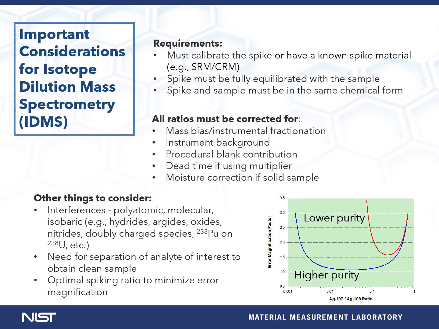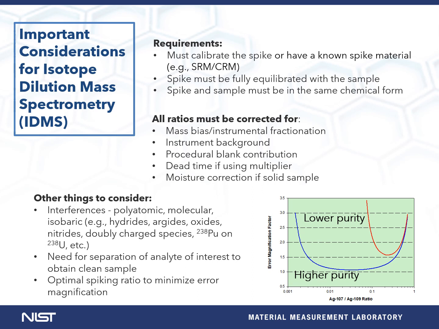Several other things to consider for optimization of the ratio measurements include assessing interferences, including polyatomic, molecular, and isobaric interferences. Some examples include hydrides, argides, doubly charged species, isobaric species such as plutonium-238 on uranium-238, etc. Separating out the element of interest is another thing to consider in order to obtain a clean sample. This reduces interferences from other isotopes and species with similar mass.